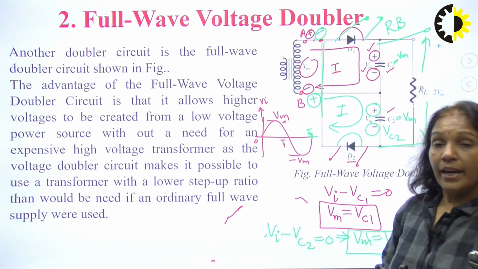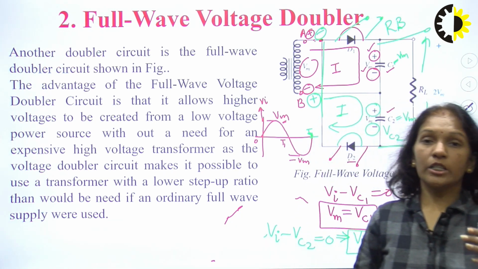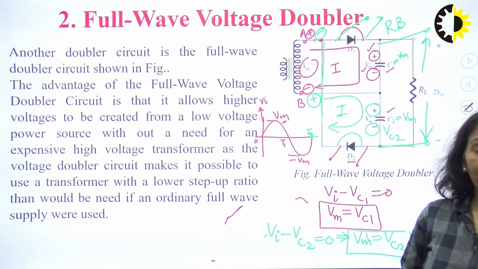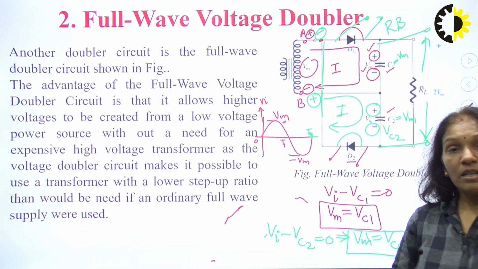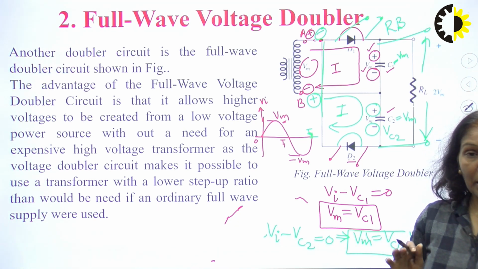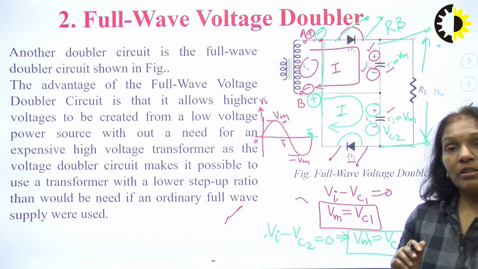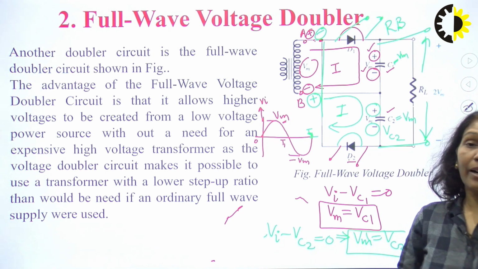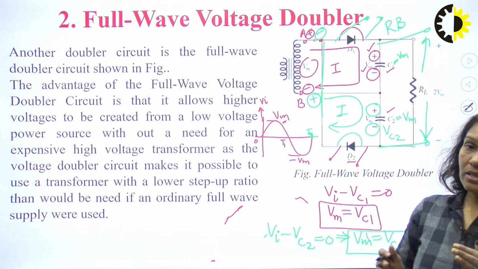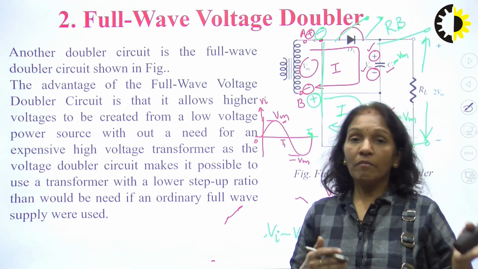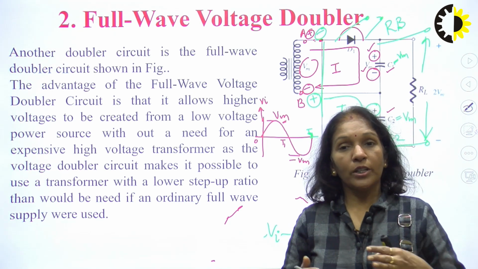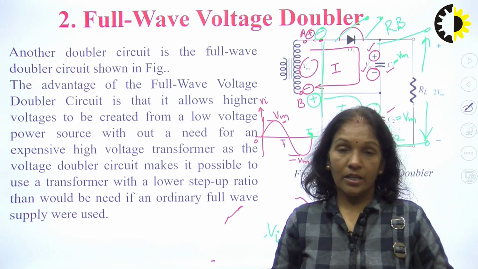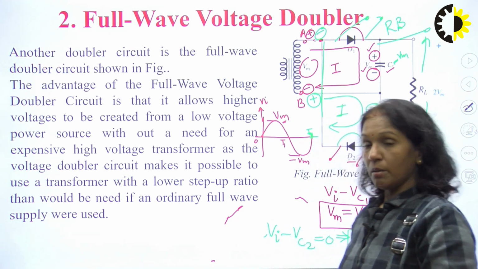So, effective capacitance gets reduced, and that will give you a poor filtering effect. So, the disadvantage is that in comparison to the half wave voltage doubler, the full wave voltage doubler has more AC ripples. So, the better circuit is the half wave voltage doubler.